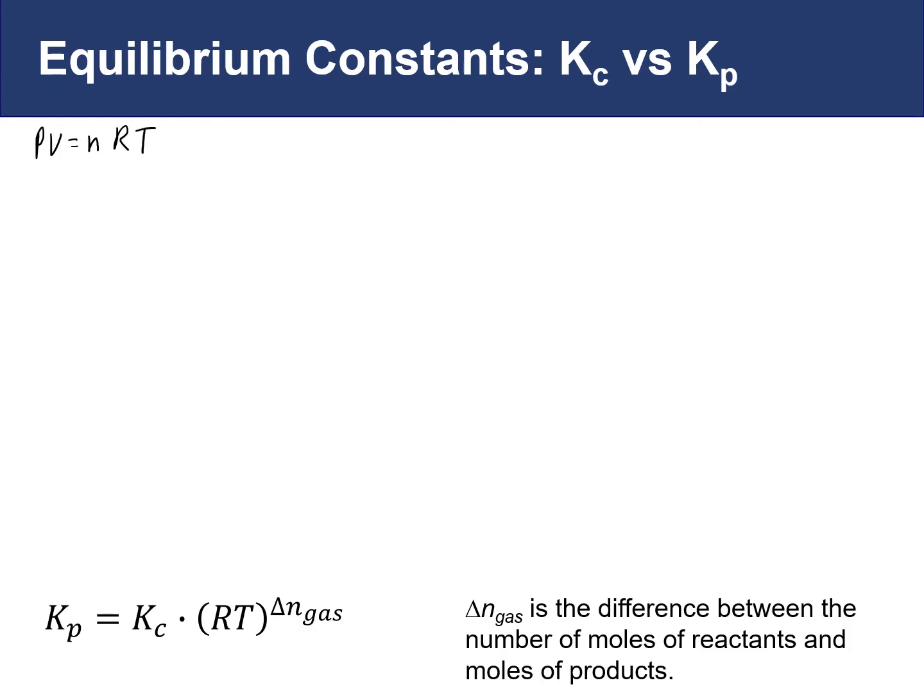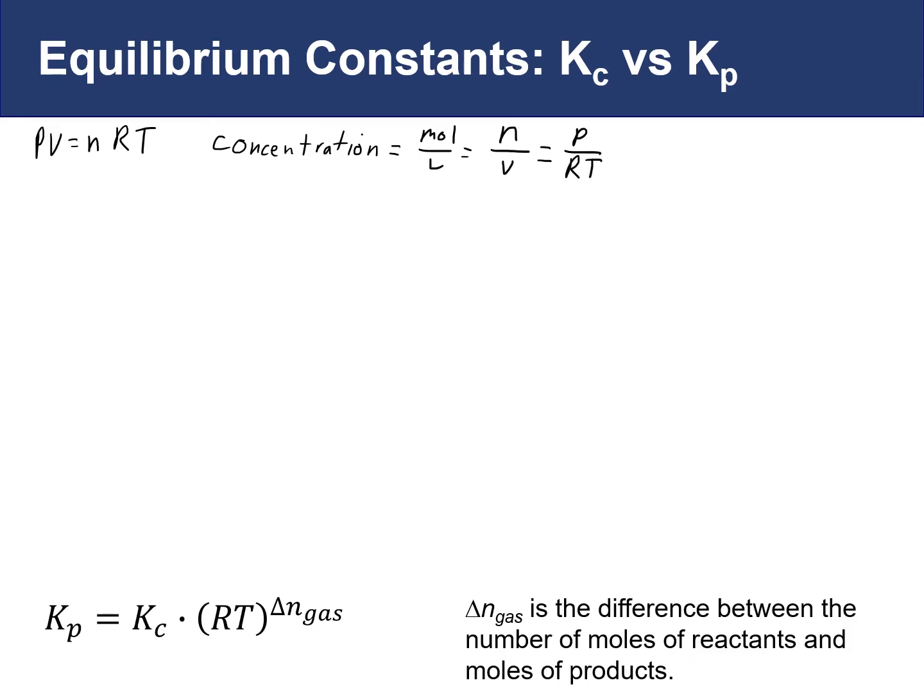We can think that our concentration has units of moles per liter, which means that it is an expression of n over V. If we rearrange our ideal gas equation, n over V is equal to P over RT.